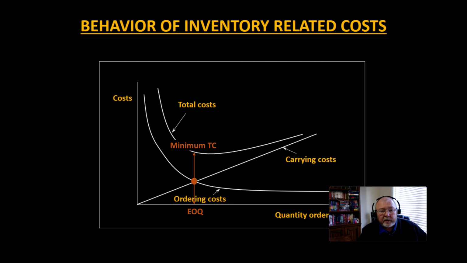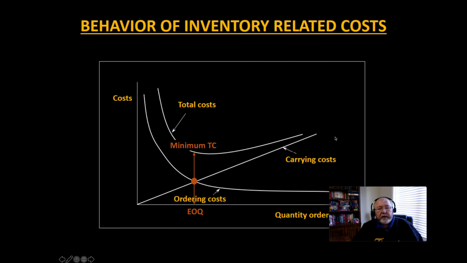The ordering cost you can trace with my cursor right here. Okay, so for the total cost curve, if you add, let's say, the coordinate for carrying cost plus the coordinate for ordering cost, this coordinate plus this coordinate should equal that height right there. And that would be true all along the curve if the curves are drawn completely accurately.